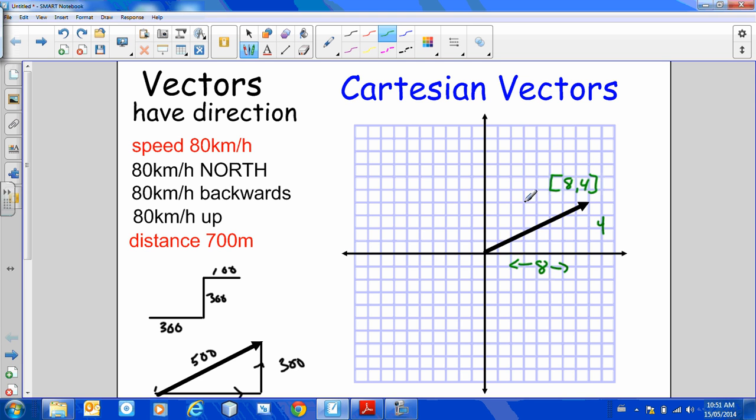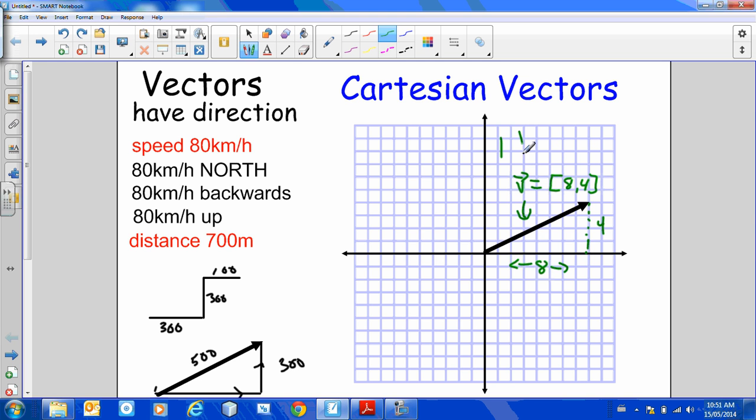The actual size of the vector, if I want to find it, I can consider this a right angle triangle, of course. Let's call this vector V. And there's again the naming of the vector.